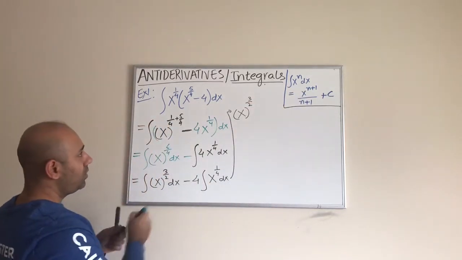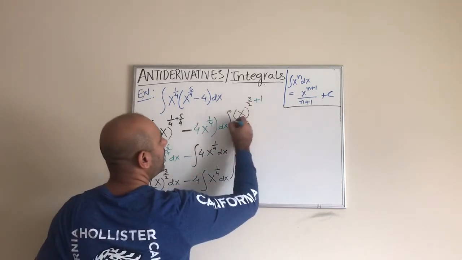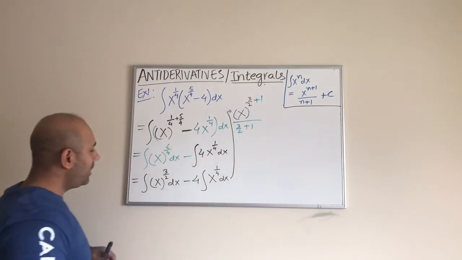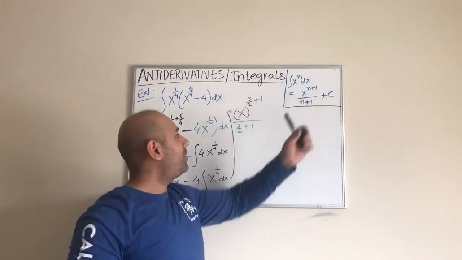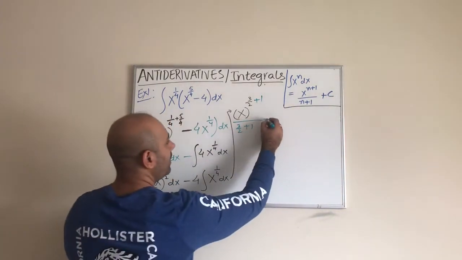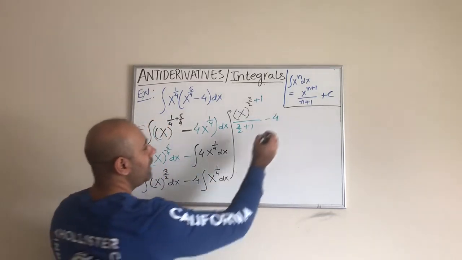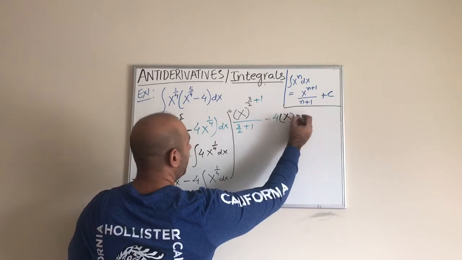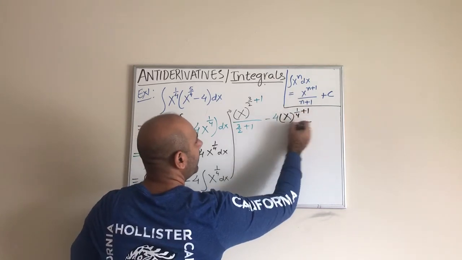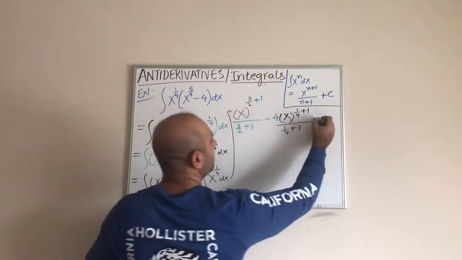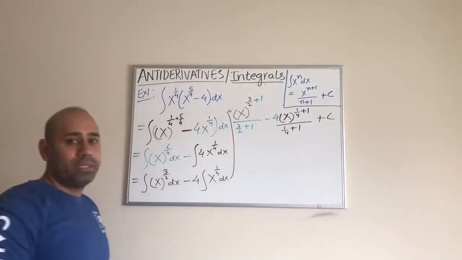So it's not too complicated, you just have to follow the rule. And then the same thing, whatever is on the exponent is going to be in the denominator. Again, that's exactly what the power rule says. And then there's a minus 4. This 4 will stay, no need to do anything with that 4 yet. And then there's an x to the power 1/4 plus 1, and then 1/4 plus 1. And don't forget there's plus c as well. Just have to keep on writing that plus c.